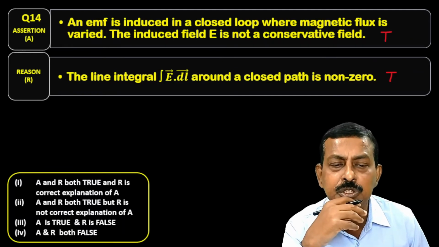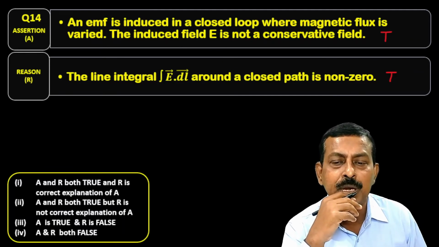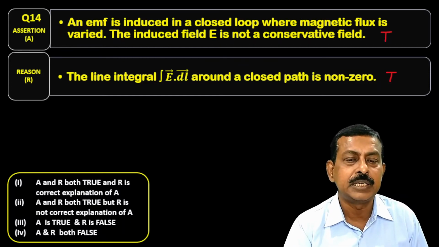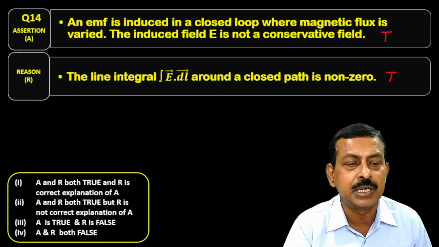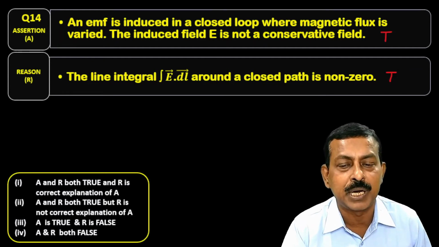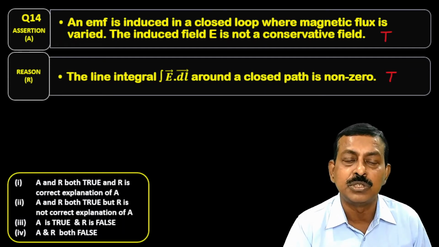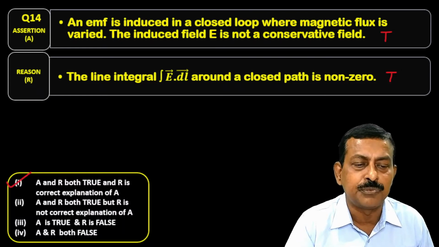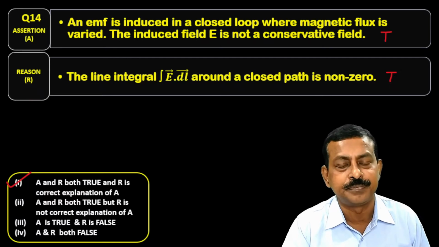An EMF is induced in a closed loop where magnetic flux is varied. The induced field E is not a conservative field because the line integral of E dot dl over a closed path is non-zero. So this is explaining it correctly, and the first one is the correct option.